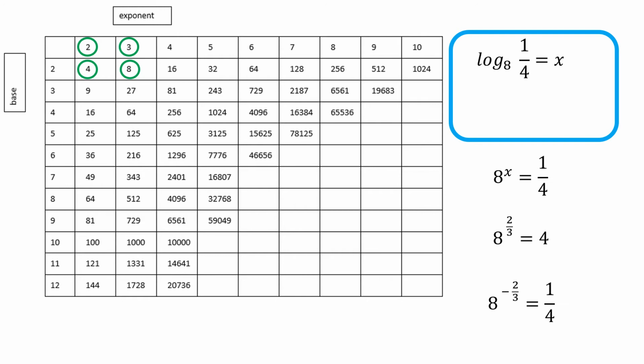If I square it, that'll push me back up to a 4. And then, of course, the negative on the exponent tells me to do the reciprocal. So x is -2/3.